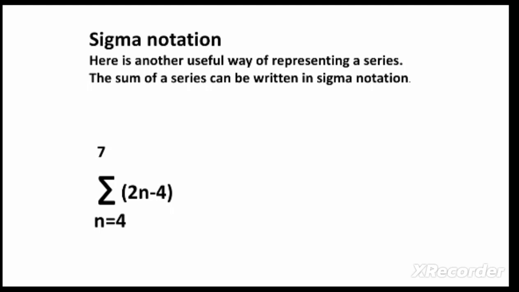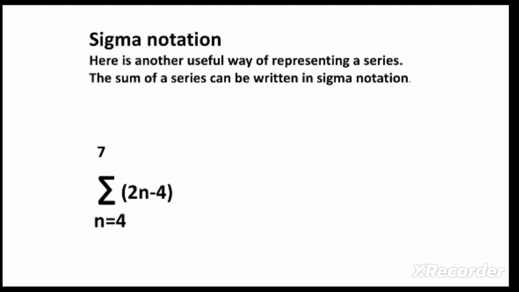So this is how it looks. We have the sigma, which means the sum of, and then we have the formula on the side, which is the general formula of the series. We're going to use this general formula to find the terms in the series to help us calculate the sum, because they'll give you the sigma notation and ask you to evaluate, where you have to write the sum of this series.